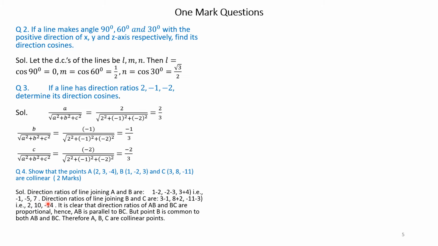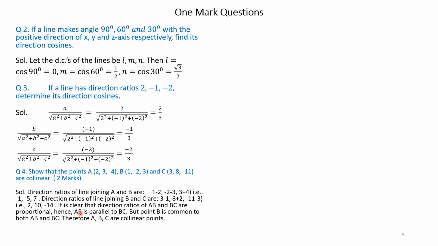The direction ratios of B and C are found similarly. That is x3 minus x2, y3 minus y2, and z3 minus z2. Those are 2, 10 and minus 14. It is clear that the direction ratios of AB and BC are proportional: minus 1, minus 5, minus 7 and 2, 10, minus 14.